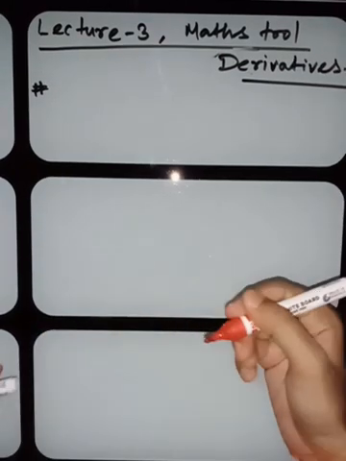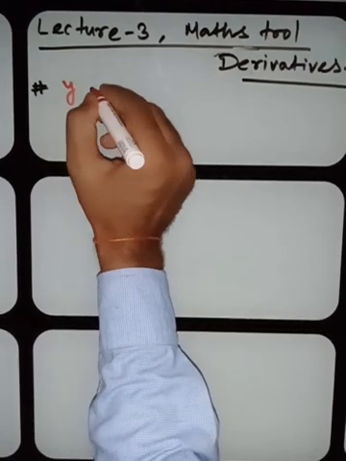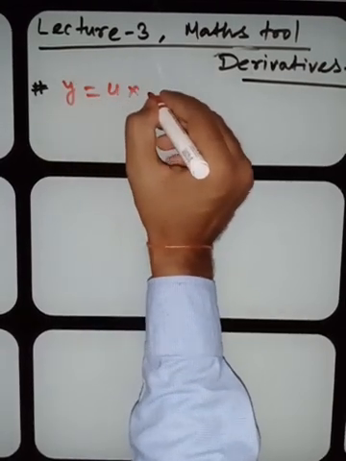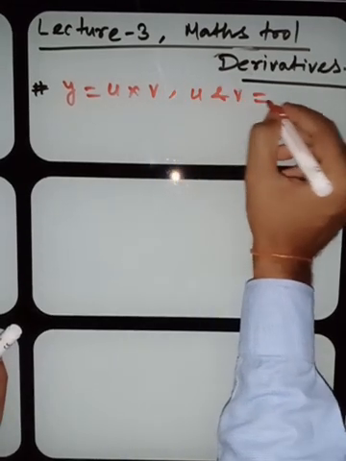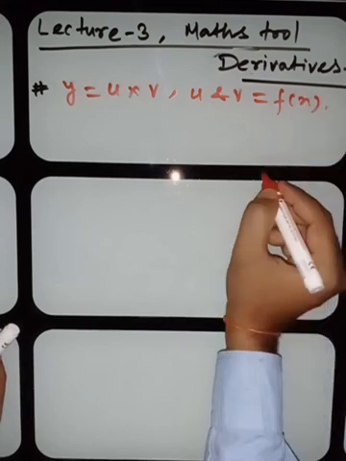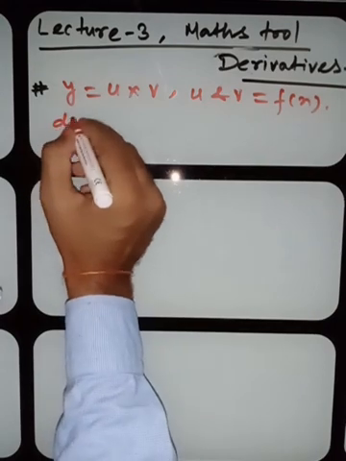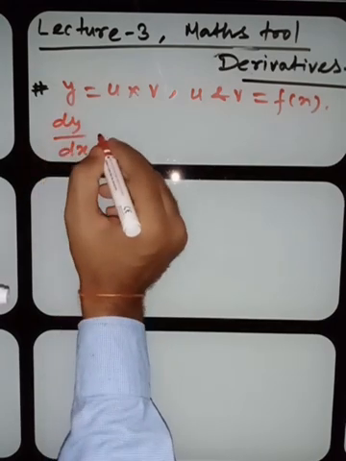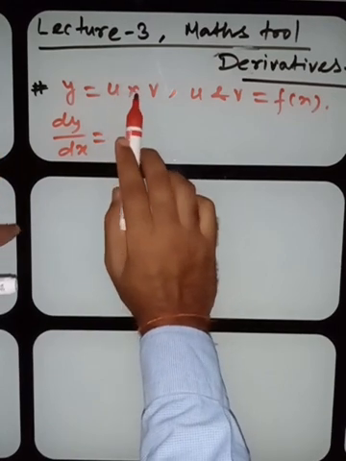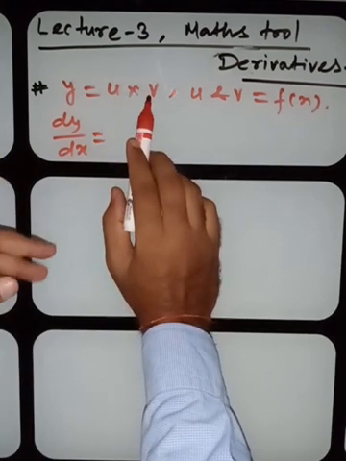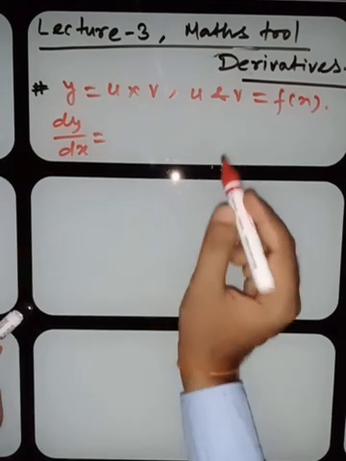I'm writing: if any function is given, y as u times v, where u and v both are functions of x, and you have to find dy by dx, how will you find the derivative? If you get any function in this way, u times v, for example x square sin x, one will be u and another will be v.